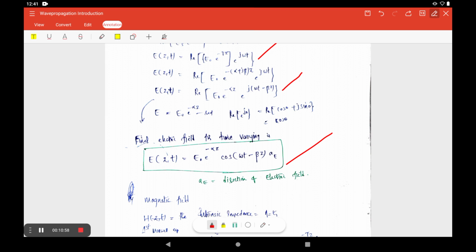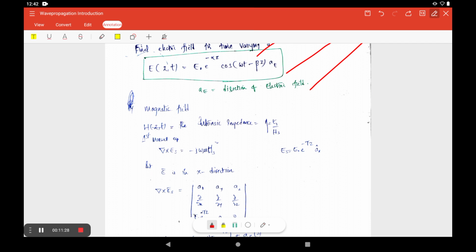Then you will get the finalized equation for the time varying electric field: E of z comma t is equal to E naught into e power minus alpha z into cos of omega t minus beta z into a, where a is the direction of the electric field, alpha is the attenuation constant, and the wave is propagated in the z direction. Minus beta z means the wave is traveling in the positive z direction.